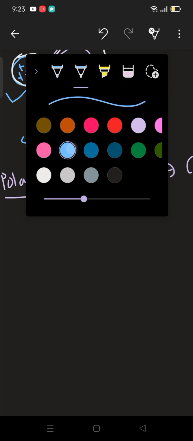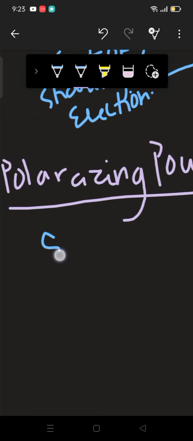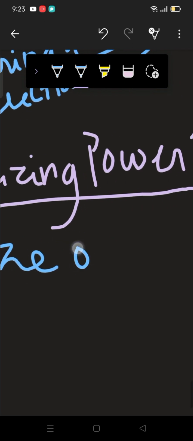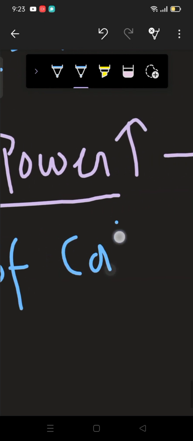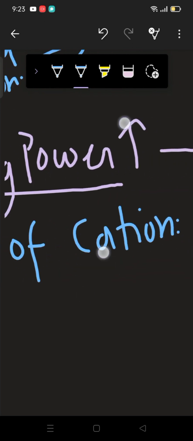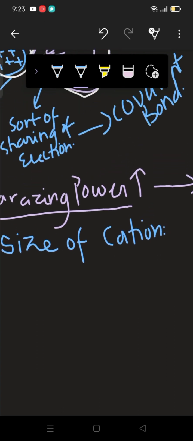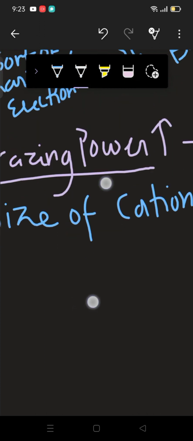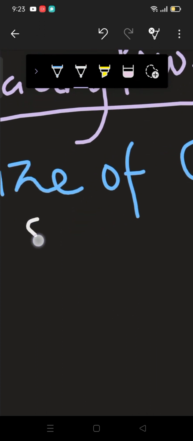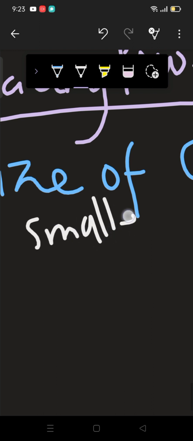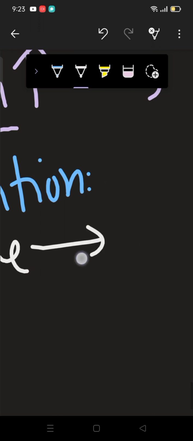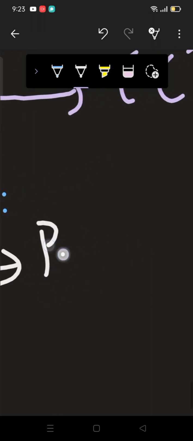Okay, now when this polarizing power is more, we need to talk about this. Initially we are going to learn the size of cation. The smaller the size of the cation, the more polarizing power it will have. Smaller size, more polarizing power.